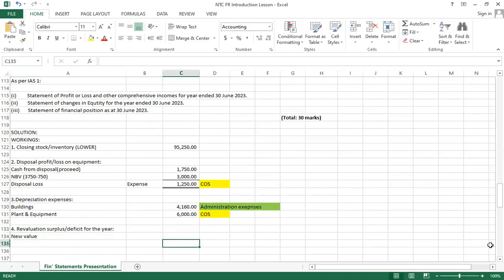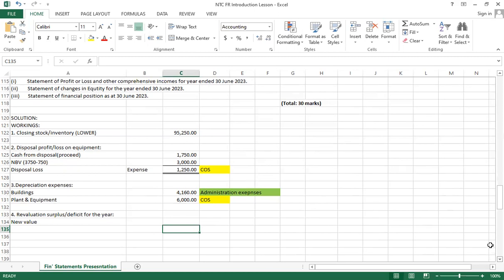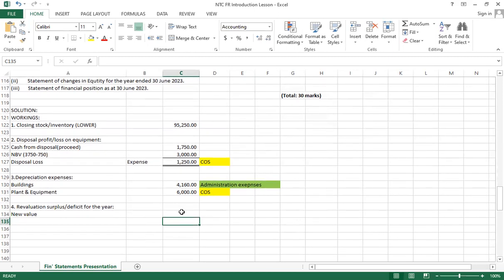When you look at note number 4, we have been told that for the two assets combined, their new value is 190 million. In this case, I can work with 190,000 in thousands.